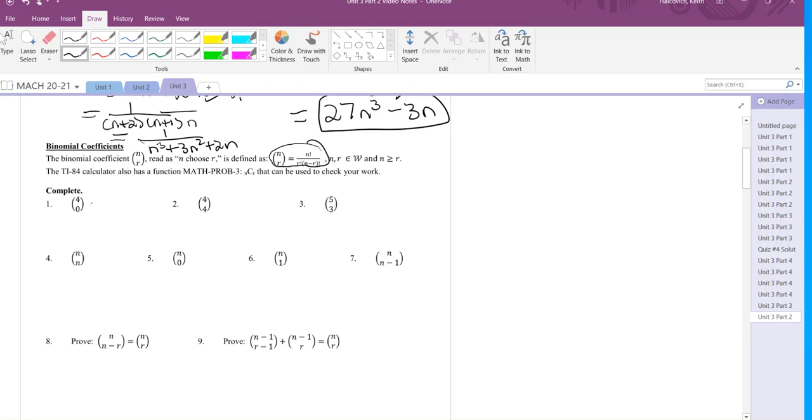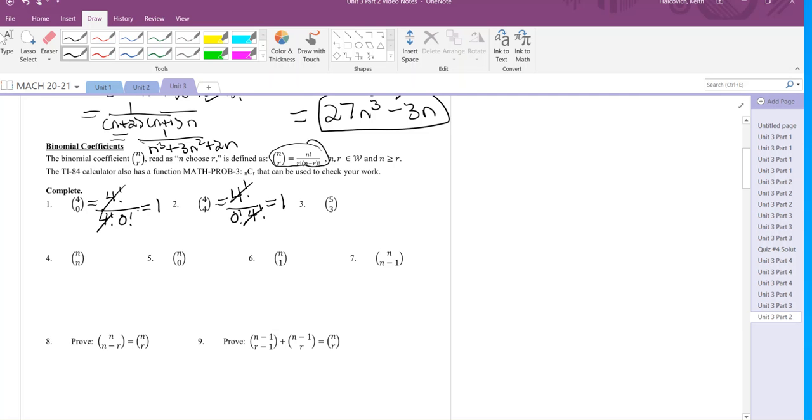So for example, 4 choose 0 would be 4 factorial over 4 factorial times 0 factorial. The 4 factorials cancel out, and 0 factorial is 1, so it's just 1 over 1. 4 choose 4 is 4 factorial over 0 factorial times 4 factorial. Notice they cancel out again.